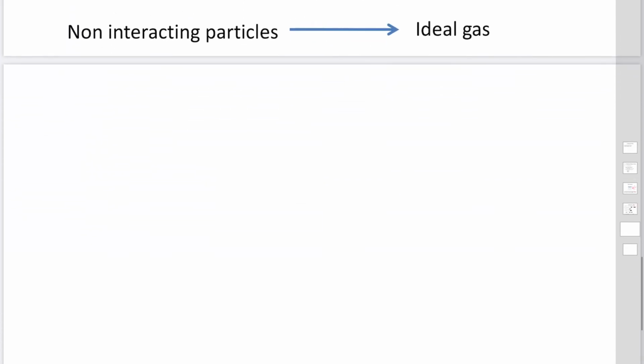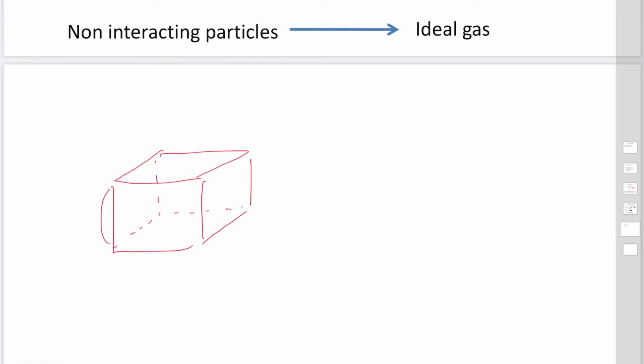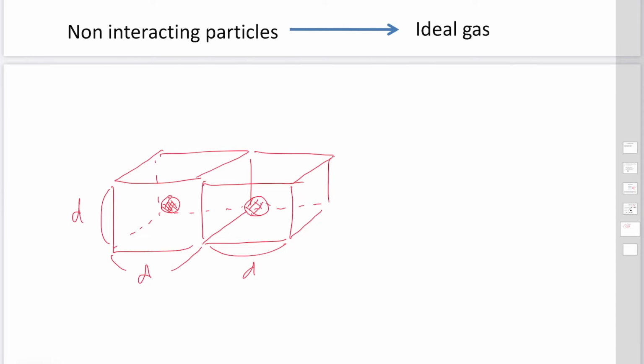If you consider a box of size D, we'd like to calculate the mean distance D. In this situation, we could find a single particle inside this box. If you consider the same size box next to this box, again there is another particle.